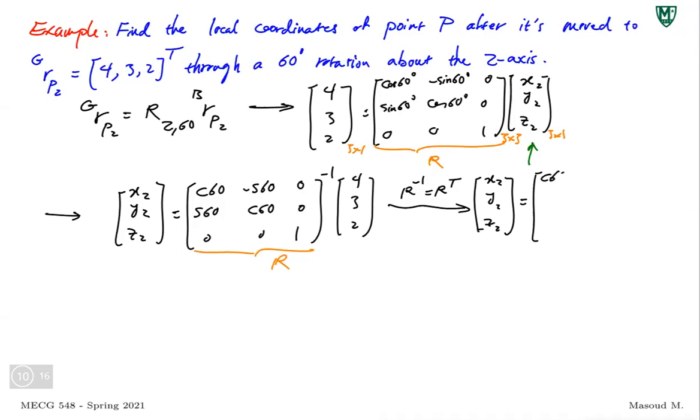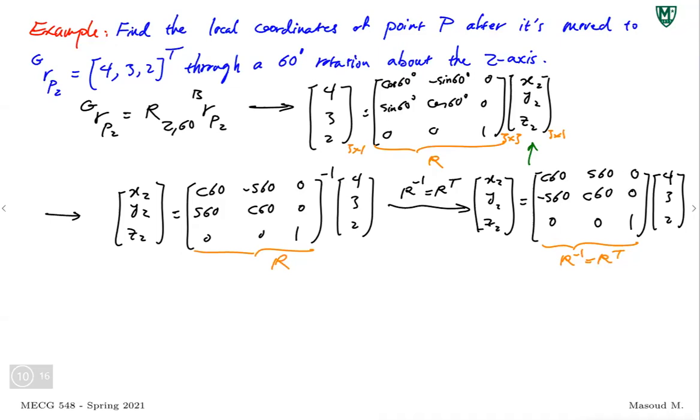Second row becomes the second column. This becomes sine 60, cosine 60, 0. Third row becomes the third column, 0, 0, 1. Multiply that by 4, 3, 2. This is R inverse is equal to R transpose. It's basically R transpose.